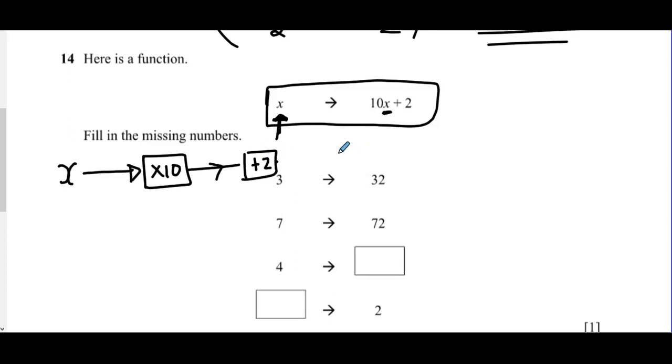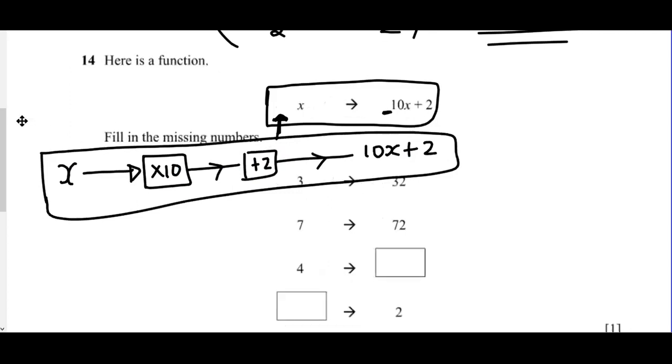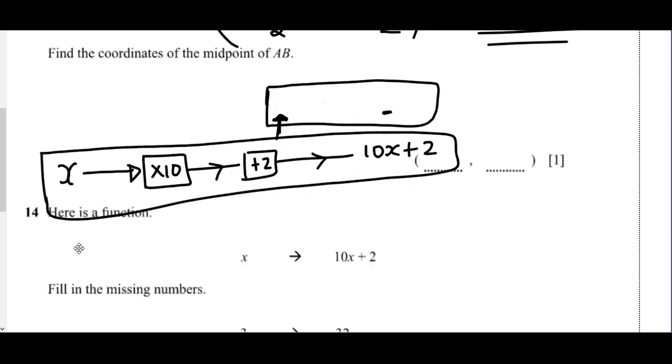When you add 2, there you get your output. X times 10 is 10X, 10X plus 2. So what I have here is the one which we call the function machine. So you convert that mapping into the so-called function machine.